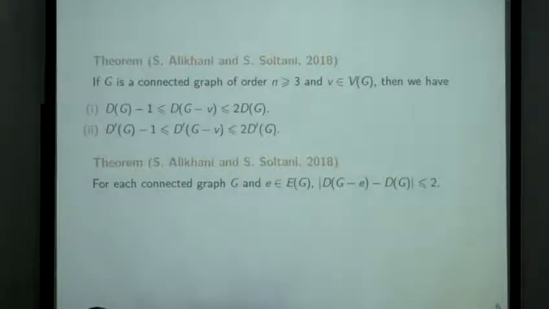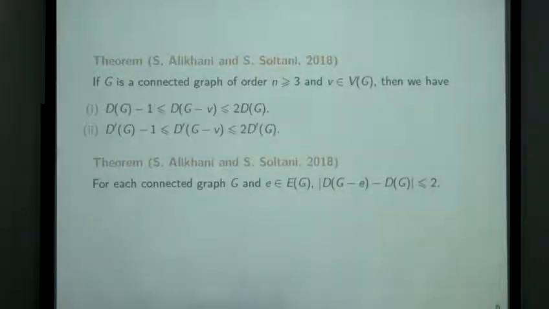And also we could obtain some other results on these two parameters, such as what happens to the distinguishing number of a graph when we remove a vertex, or contract an edge, and so on. As you see here, for example, when we remove a vertex of a graph, then the distinguishing number decreases by 1 and increases at most 2 times D(G).